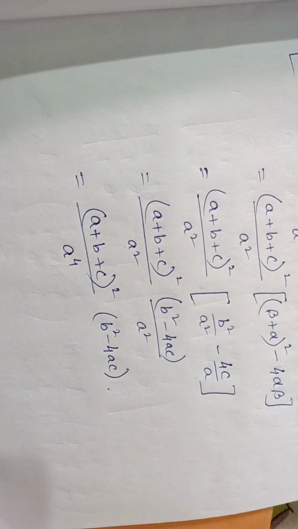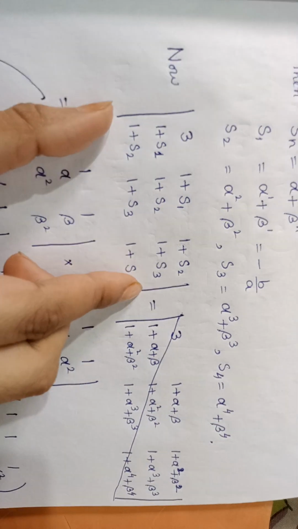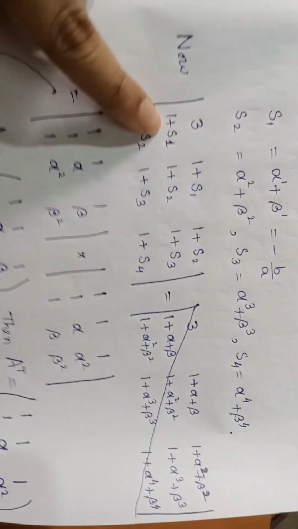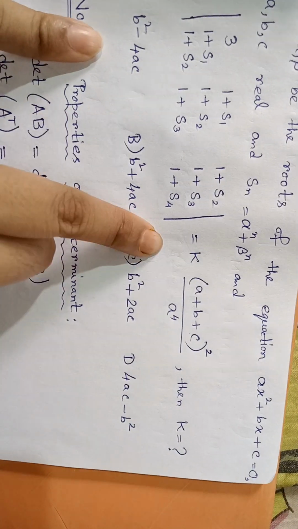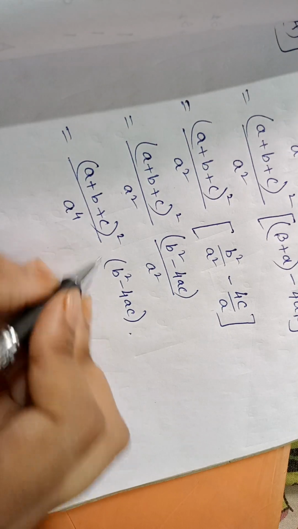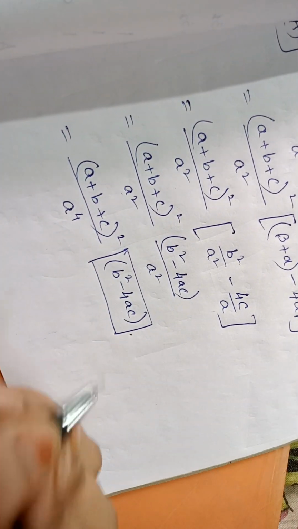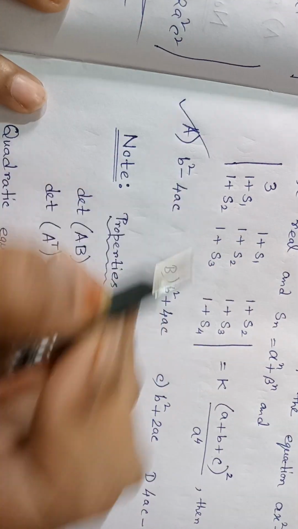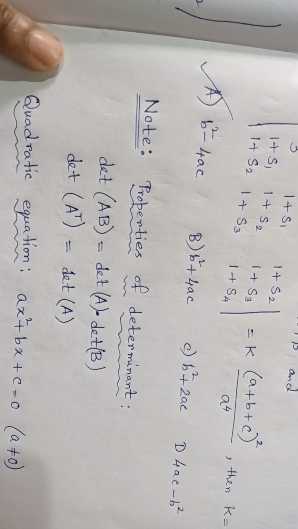Now see the problem, this original determinant value will be this, and also the determinant value is given as k into this. That means what is the value of k? The value of k will be only this term, b square minus 4ac. Okay, so option A is the correct option. Thank you everyone.